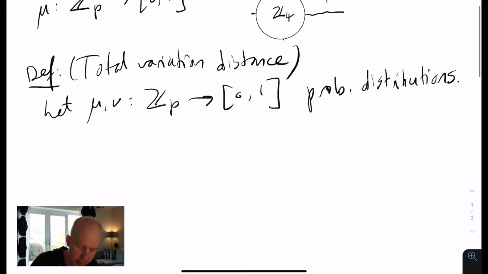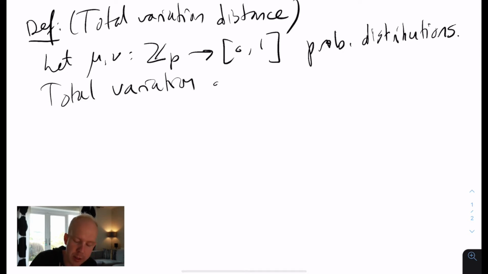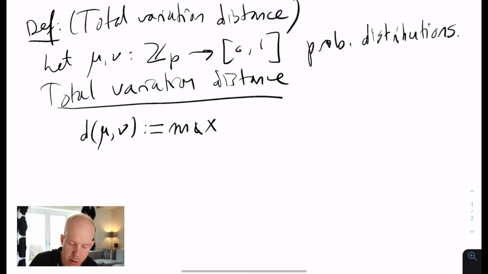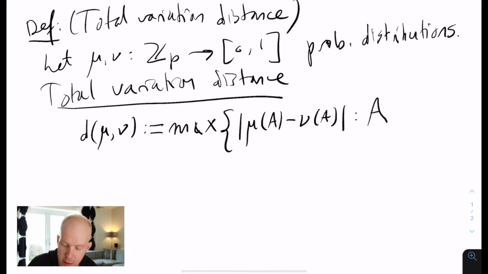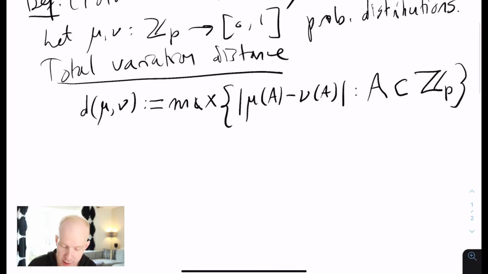And then we define the total variation distance, denoted d(mu, nu), to be this number, the maximum over all these possible differences of these measures, where A runs through all the subsets of Z_p. So this is the worst possible case.